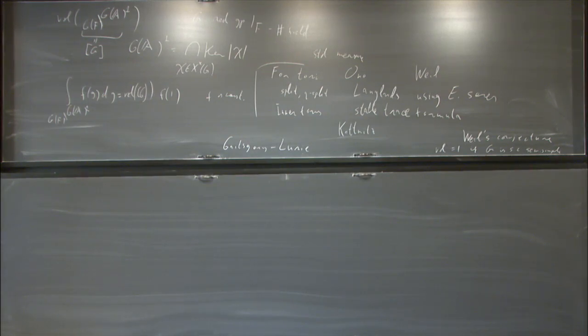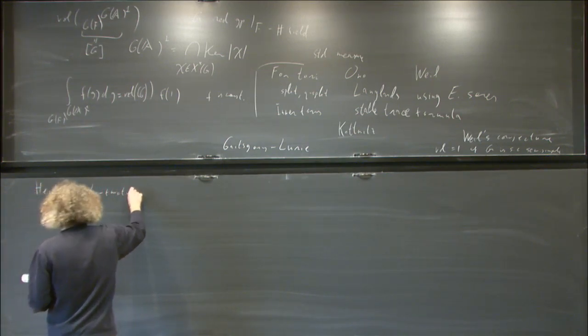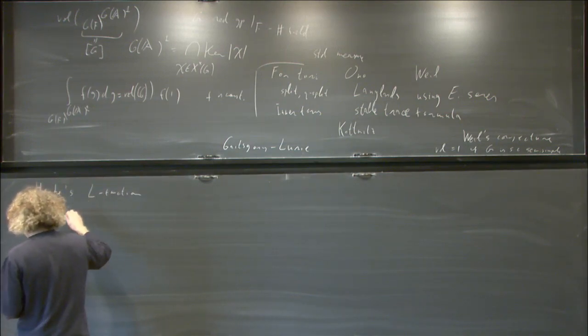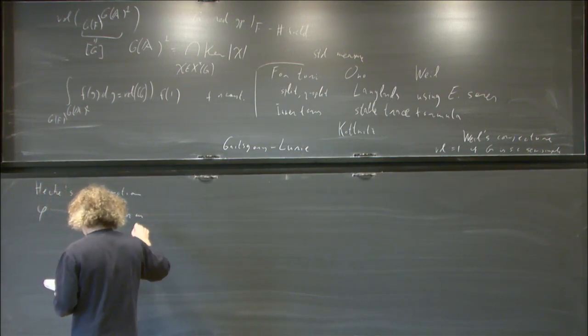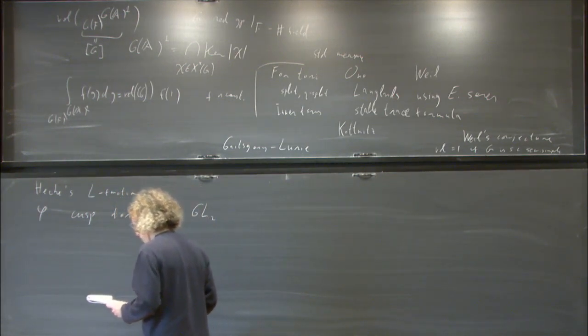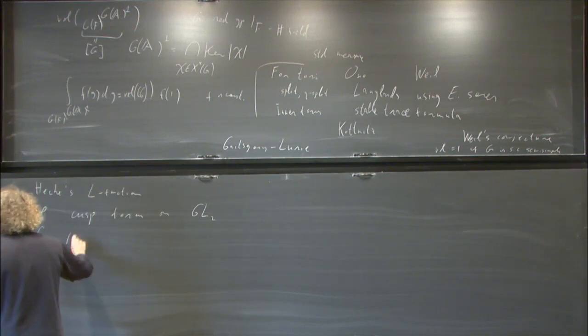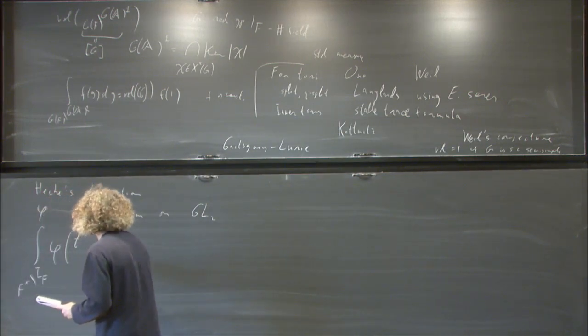Okay, so let's now consider some other classical themes. Hecke's L-function, or Hecke integral. So phi is now a Cas form on GL2, and I consider following Hecke this integral.